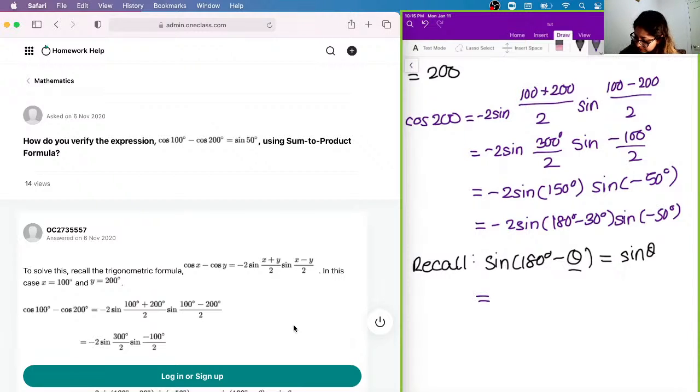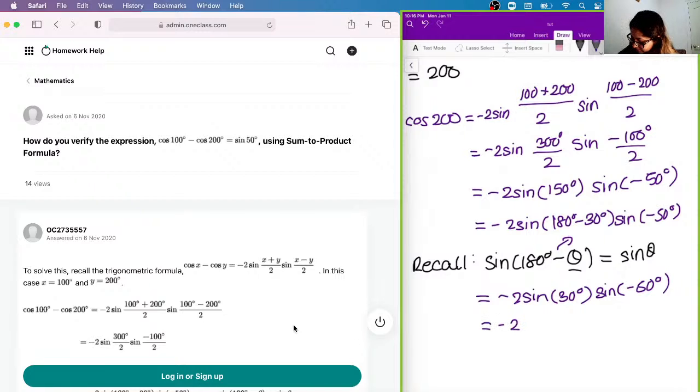In this case, theta is 30 degrees, so we have negative 2 sine of 30 degrees times sine of negative 50 degrees.